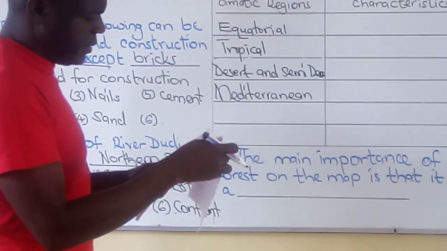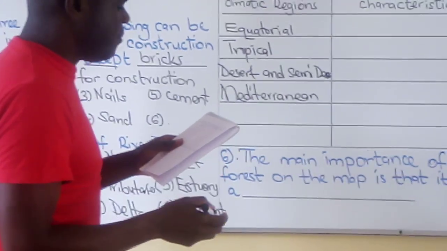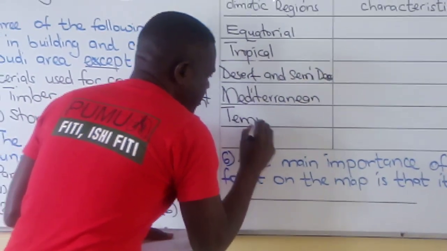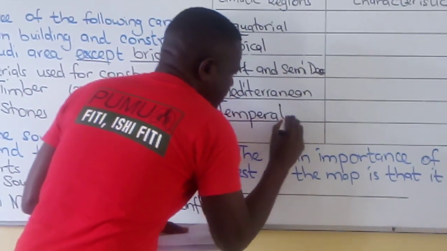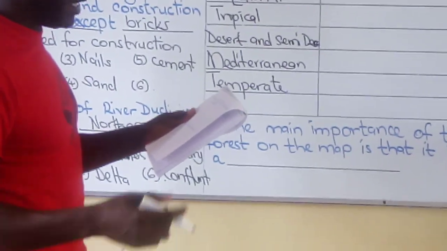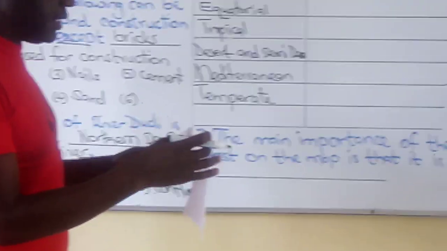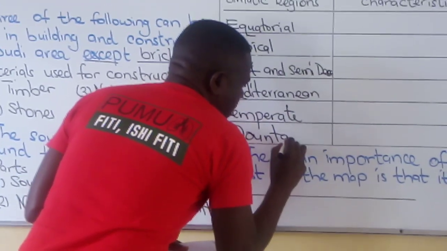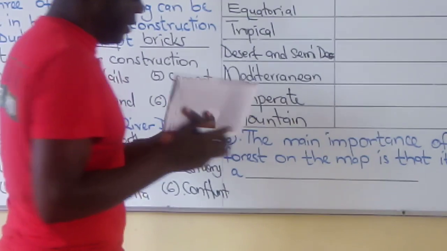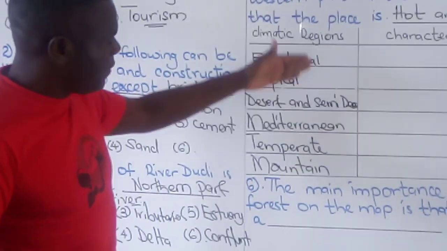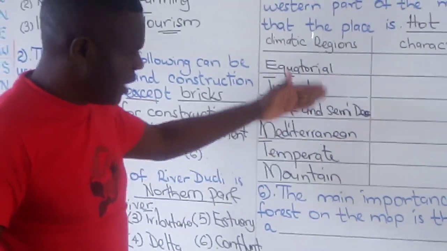Number 5, we've got the temperate climate. That is the warm temperate of the east coast and the temperate climate of the continental. Then we've got the mountain climate. So boys and girls, please look for the characteristics of these climatic regions of Eastern Africa.